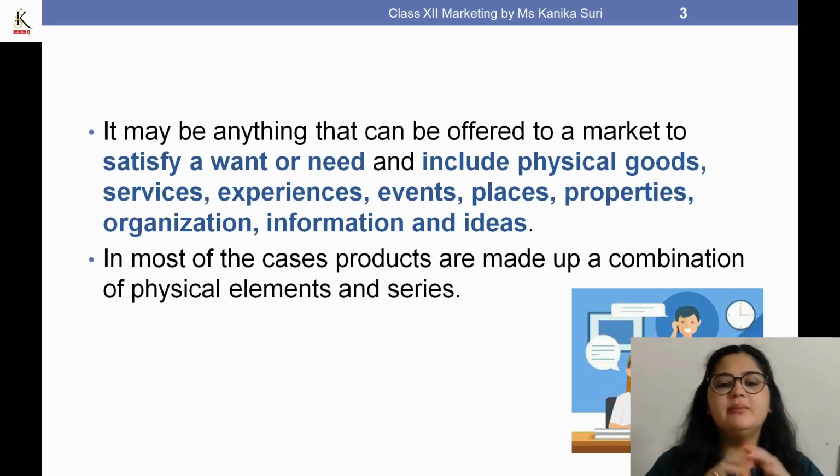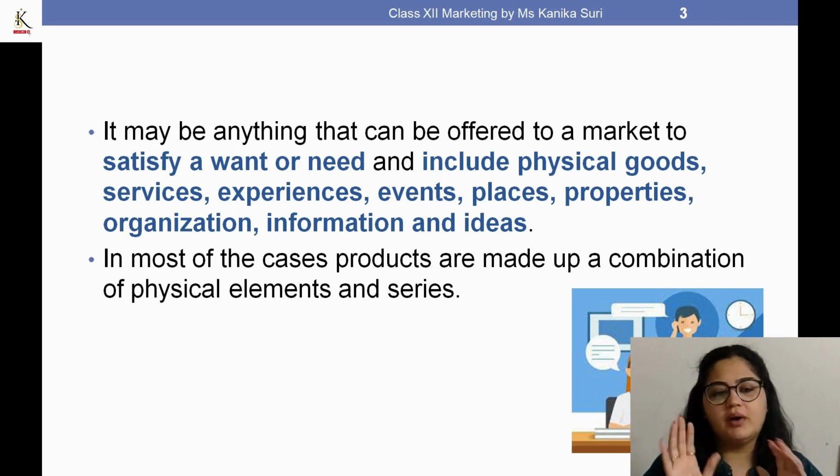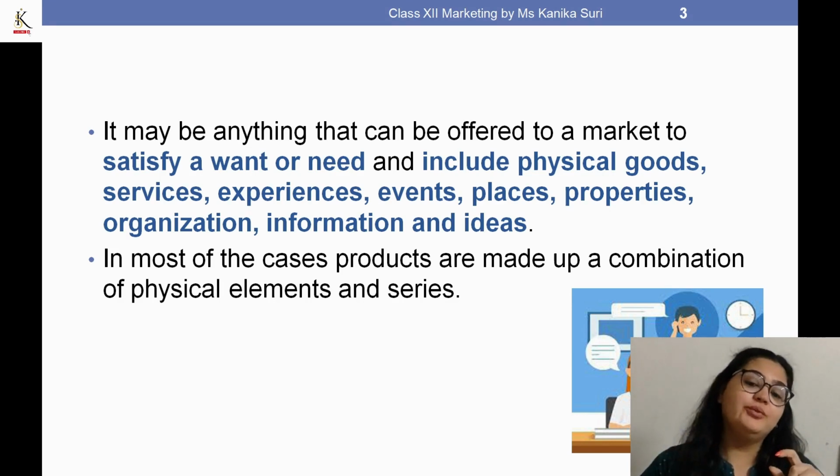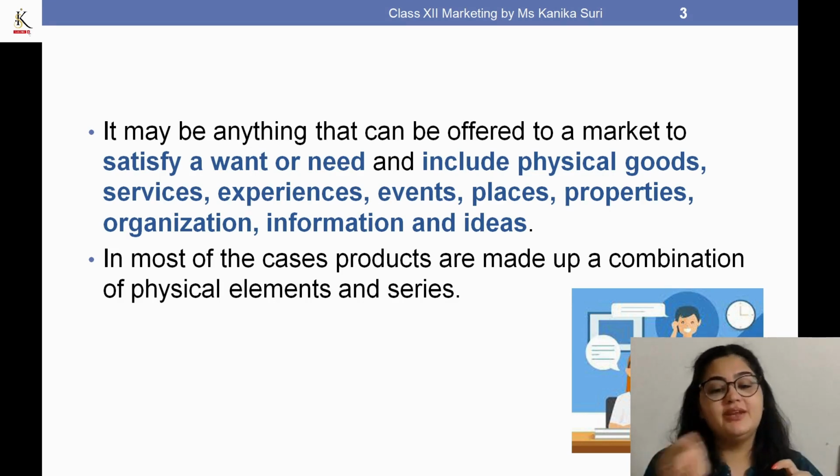So a product may be anything that can be offered to a market to satisfy a want or need, and includes physical goods, services, experiences, events, places, properties. If you do not remember any of these things written in this definition, you can go back to my channel, to class 11th chapter 1.